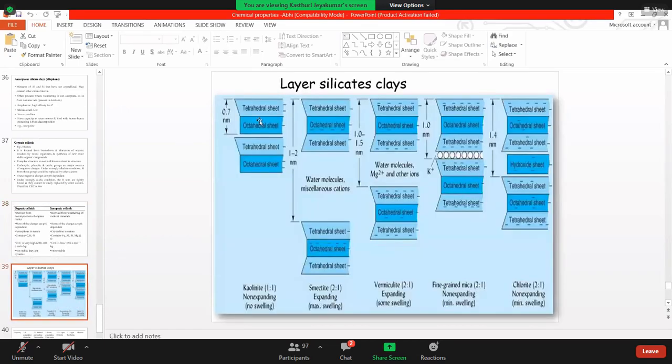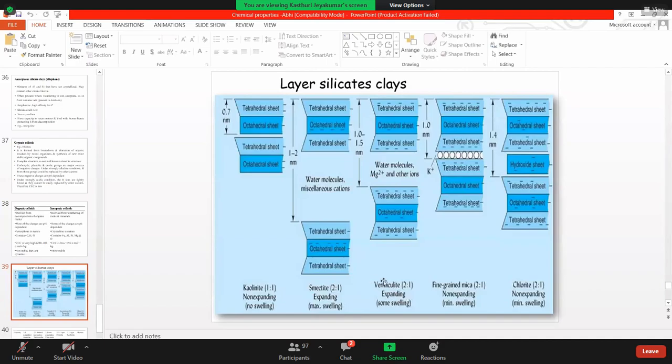A simple comparison between layer silicates. Kaolinite, 1:1, non-expanding, no swelling in between two layers. You can observe hydrogen bond, and in expanding type, again you can classify into three.